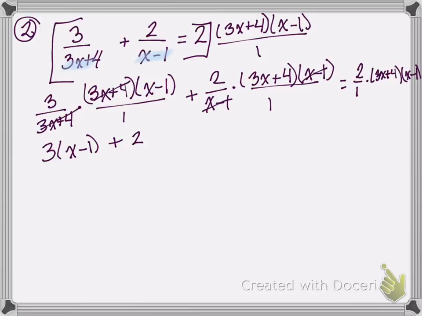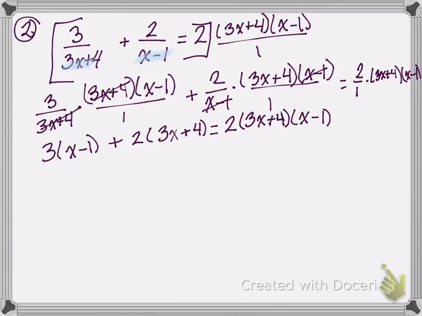So we have 2 times 3x plus 4, and again we will be distributing that. And then our last one is 2 times 3x plus 4 times x minus 1. And we will have to FOIL that. There's a little bit more going on over there on that right-hand side.